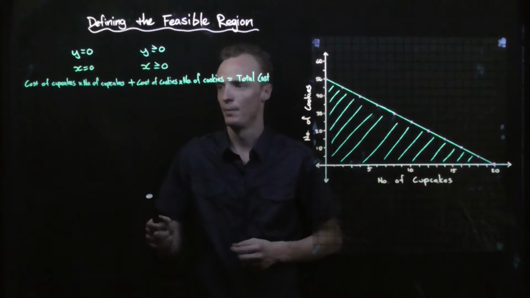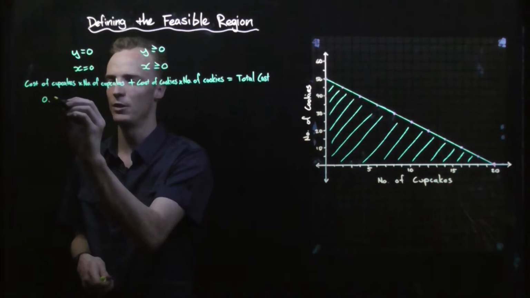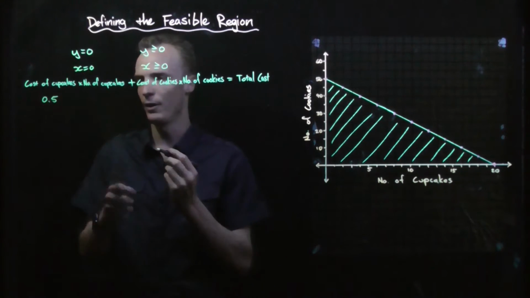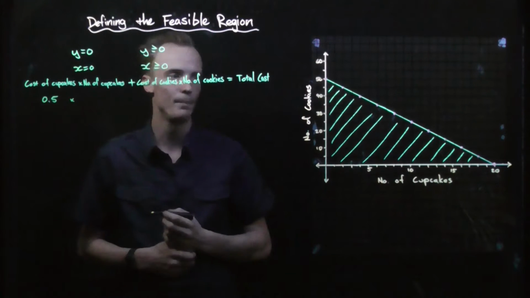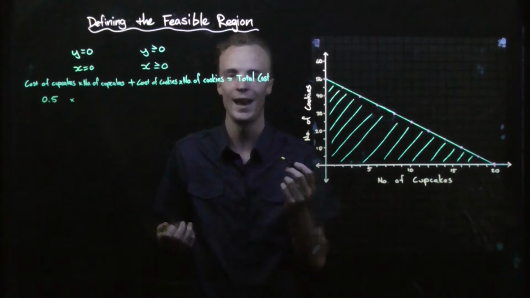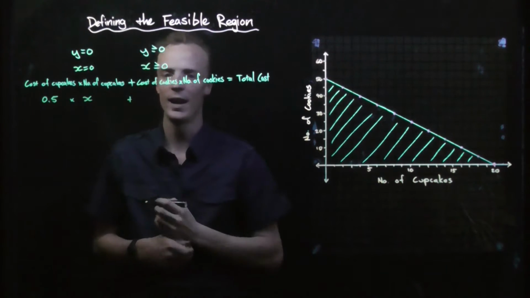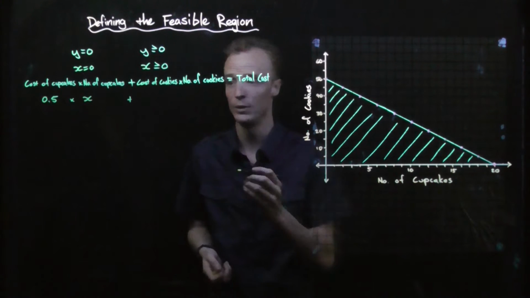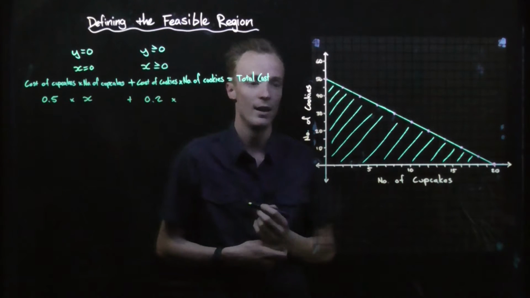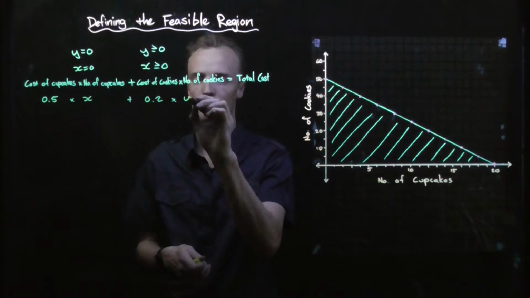So let's think this through. The cost of our cupcakes was 50 cents, which we represented in dollar form, so that's 0.5. Now we multiply the cost of the cupcakes by the number of cupcakes. In our problem, we represented the number of cupcakes using our x variable, so it's multiplied by x. Then we add that with the cost of the cookies, which was 20 cents or 0.2, and we multiply that by the number of cookies, which we used our y variable to represent.